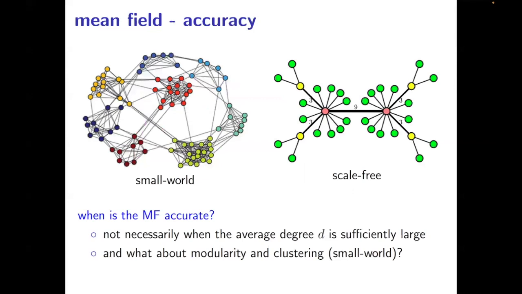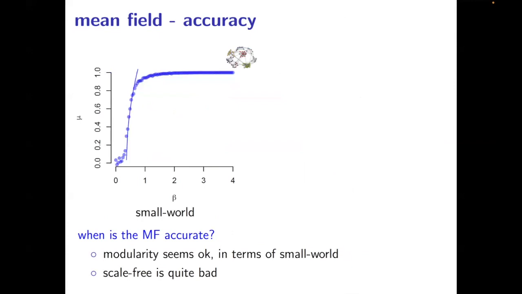Okay, and then of course the question is, in psychology we usually don't know a lot about the exact structure. So what happens to the mean field if you put it on a small world or on a scale-free network? In terms of this mean field for a small world, of course there are particular settings, but it was modular in the sense that there were relatively many connections within each cluster and relatively few between clusters. And then it seems to be still quite accurate, right?